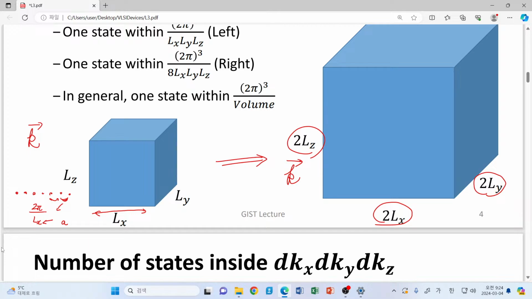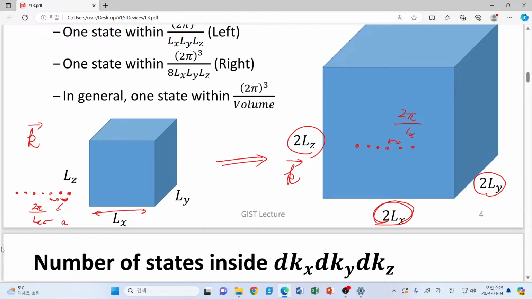So this is much larger than that. This is the difference between these two neighboring k points. Now let's consider the system which is enlarged by a factor of 2 along each direction. Once again it has its own k space, and each k point will differ only by 2 pi over what?